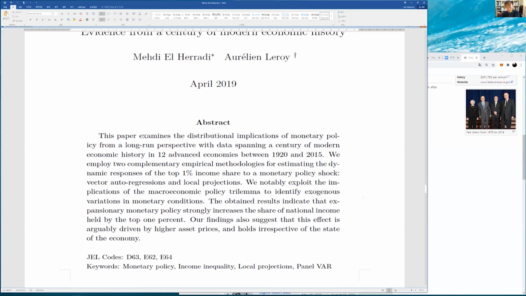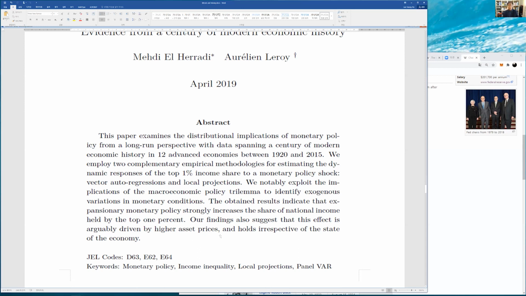So here is the bottom line. The obtained results indicate that expansionary monetary policy, money injection into society, that is what it means, strongly increases the share of national income held by the top 1%. Our findings also suggest that this effect is arguably driven by higher asset prices and holds irrespective of the state of the economy.